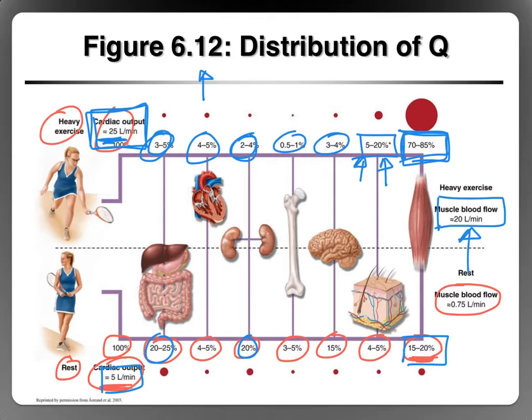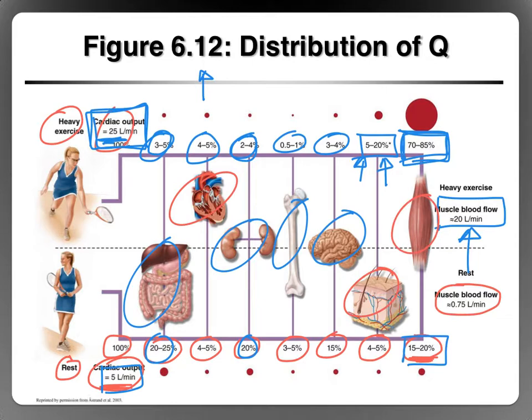So during exercise, the low priority areas are going to get less, and the areas that are most important during exercise are going to get more. Okay, particularly the muscle.